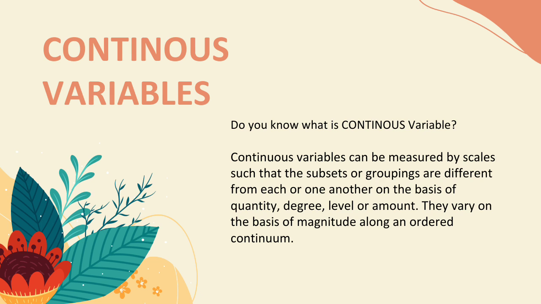That is, they can assume an unbounded range of values along a specific continuum. They are also known as quantitative or measured variables, and they have the feature of rank order. Continuous variables can be further divided into classes like interval or ratio variables.